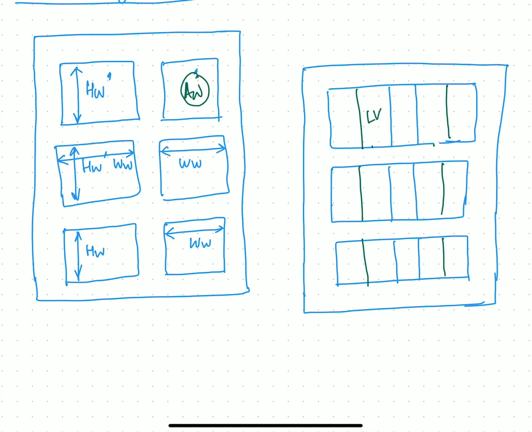This is LV, this is HV, this is HV, this is HV, this is LV, this is HV, this is LV. And if you were to see the cross section, I mean the area, this looks something like this.